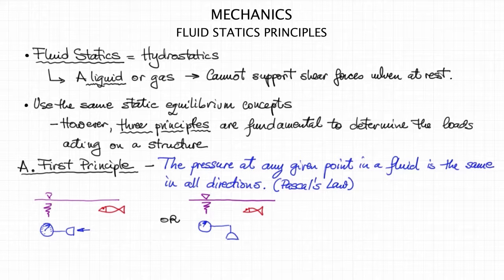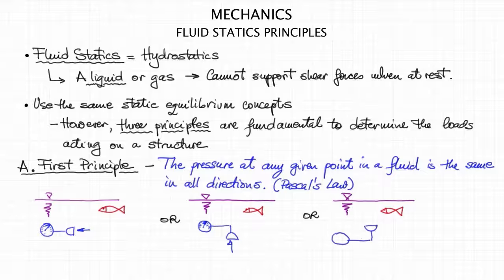So we're now measuring the vertical pressure in the upwards direction. Or in a third instance, we rotate the pressure gauge from the original direction counterclockwise by 90 degrees, and now we measure the vertical pressure in the downwards direction.